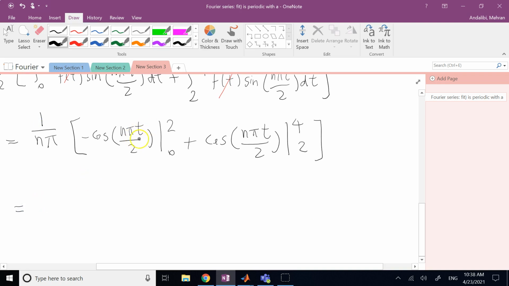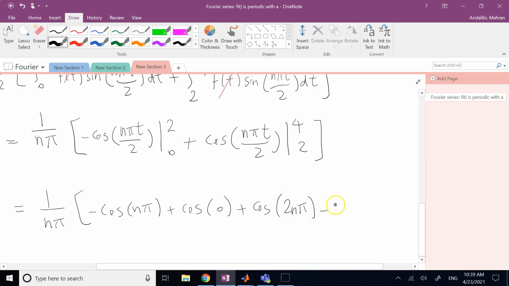And so here, if you plug in, you will get negative cosine of n pi, and then positive cosine of 0. And then here is going to be positive cosine of 2n pi, then minus cosine of n pi.